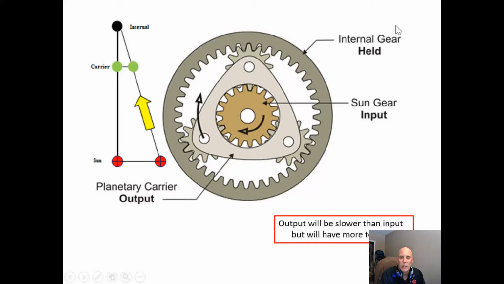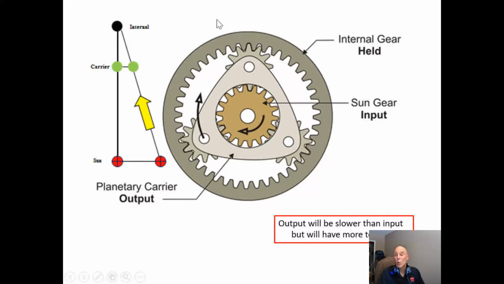So how do we figure this out? First thing we want to do is find out which member is held. Then we mark an X on our internal gear. Then, from the held member, because it doesn't move, we draw a line down. Then we draw some dotted lines across from these two.